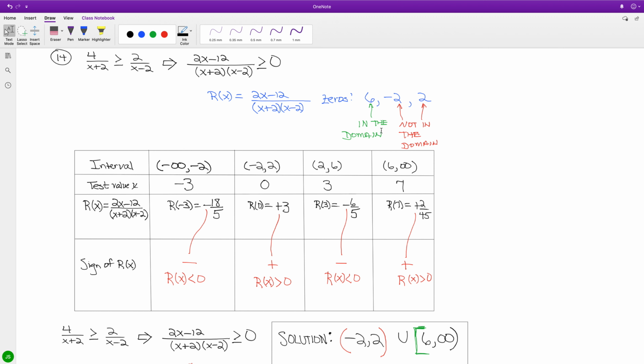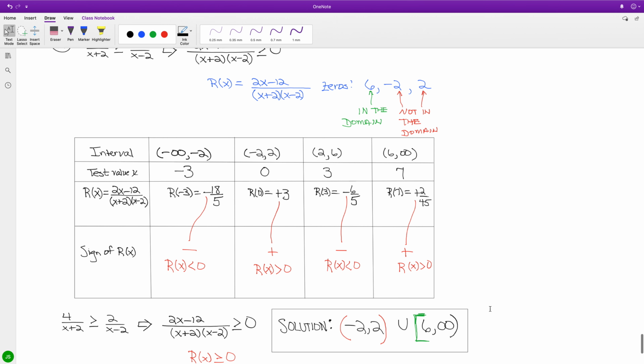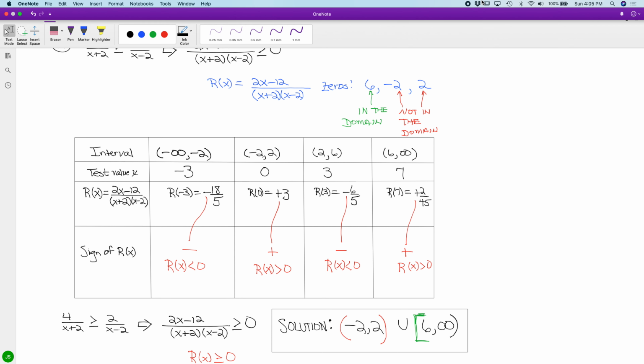Only the value 6 will officially make R of x equal to 0, so this will make the equal to 0 part possible. And since 6 is in the domain, we have that in a bracket. And again, infinities are boundless. So for this overall statement, this will be the solution set for this comparison inequality.